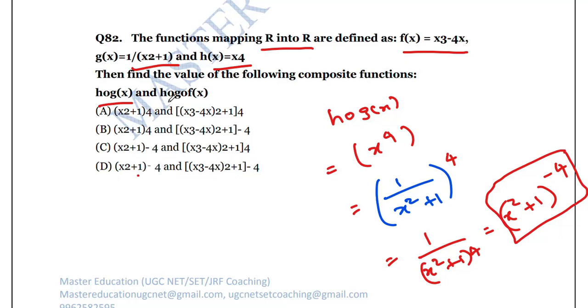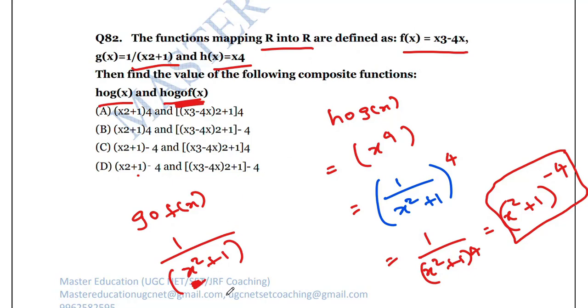Similarly, if we want to find out h of g of f of x, first I have to find out g of f of x. What is g? G is 1 divided by x squared plus 1. In this place of x, I have to assign f of x.